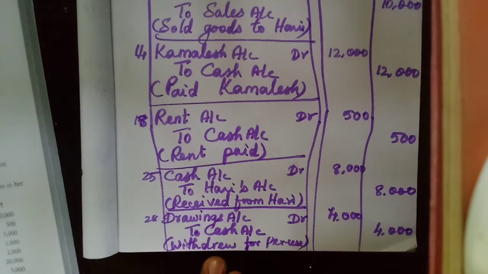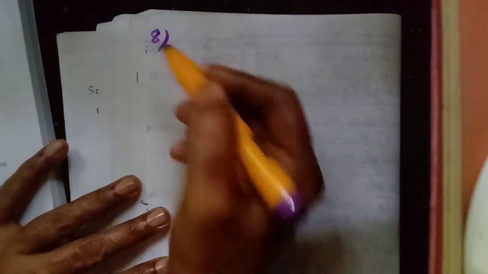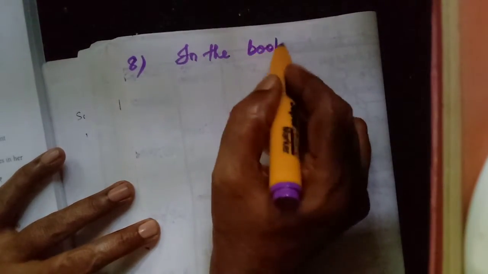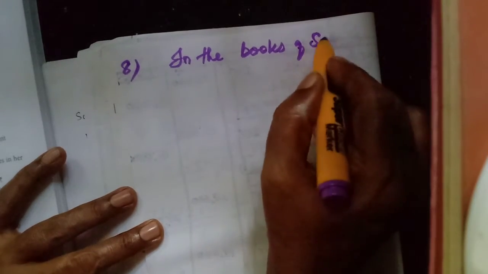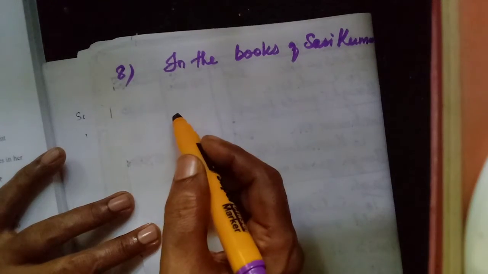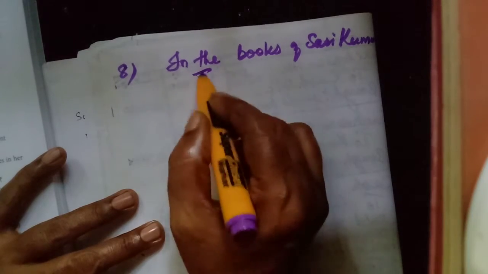Okay, all entries solved. Now we will see the 8th exercise. Okay, the 8th one also we will do. That one is in the books of Sasi Kumar. Journal entries.